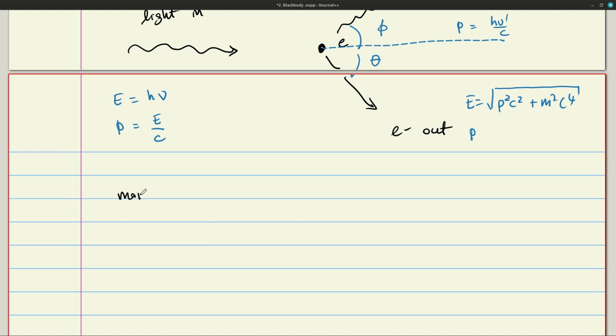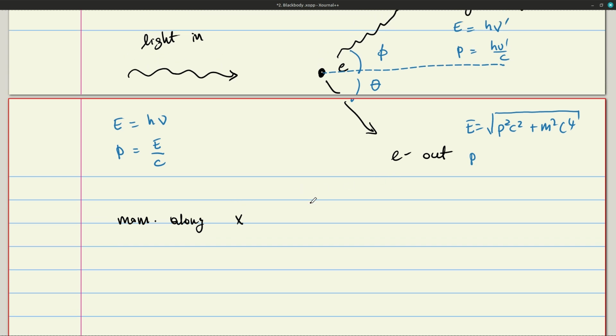Momentum along x: the incoming light has h nu over c momentum, which should be equal to the projection of the photon momentum, h nu prime over c cosine phi, plus p times cosine theta. This is the electron momentum, right?